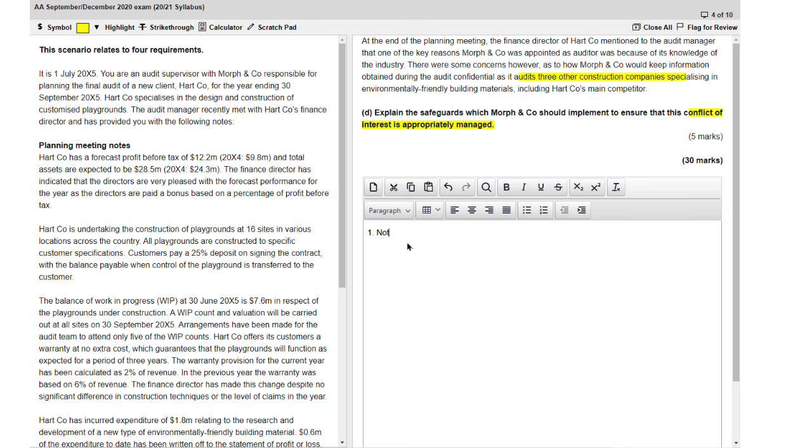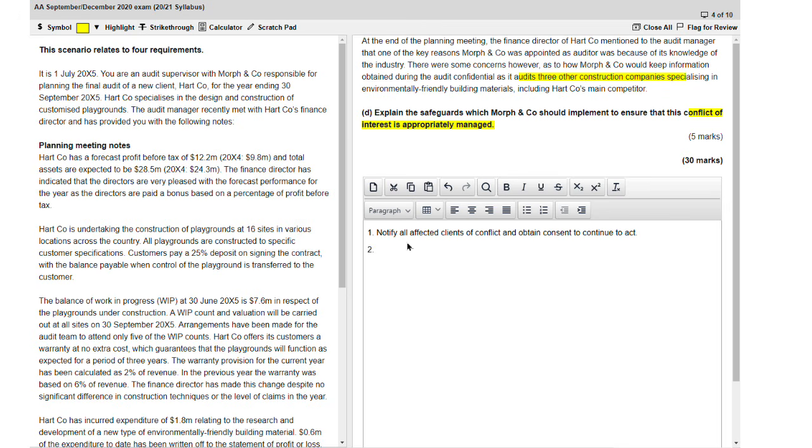So notify, again, all the affected clients of the conflict and obtain consent to continue to act. Good.